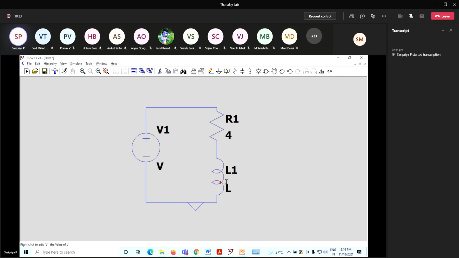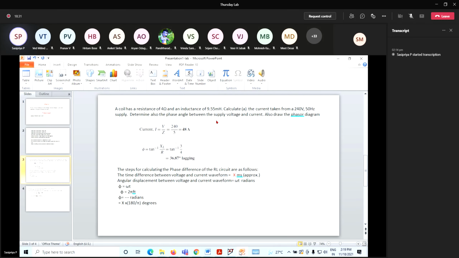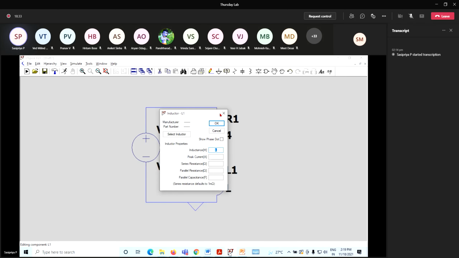Similarly for the inductor, right click after you get the hand symbol. Here it is 9.55 millihenry, right? Yes, 9.55 millihenry, with a small m for milli. The default unit is Henry.